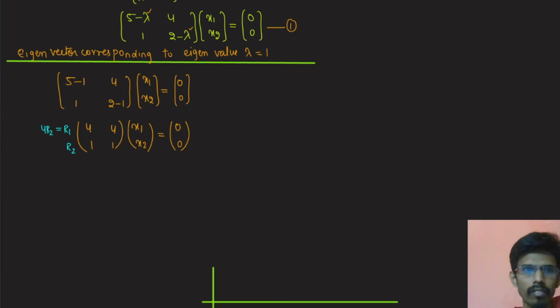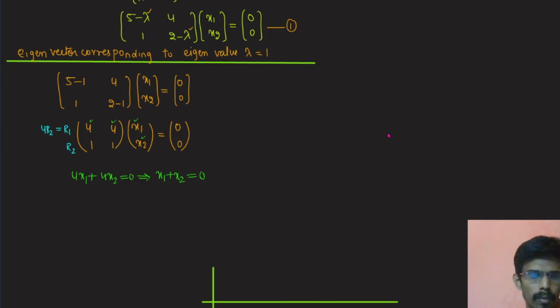If I apply backward substitution here, that is 4 into x1 plus 4 into x2. So this will become 4x1 plus 4x2 equal to 0. Now take 4 common, I'll get x1 plus x2 equals 0.